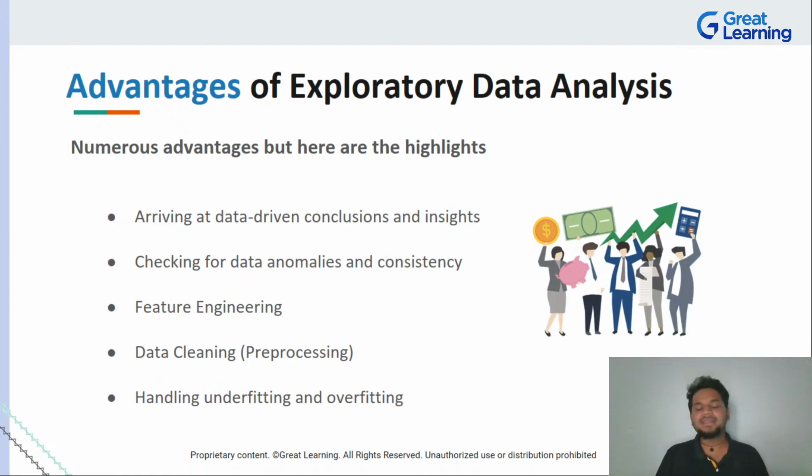Now, the last point here says it helps in handling underfitting and overfitting. Underfitting and overfitting are the two most insane things that a data analyst or a data scientist has to deal with, guys. I'll be very honest with you. Underfitting is a situation where your model literally cannot find a pattern of what's happening in your data, and it just cannot learn enough to understand what's going on, right?